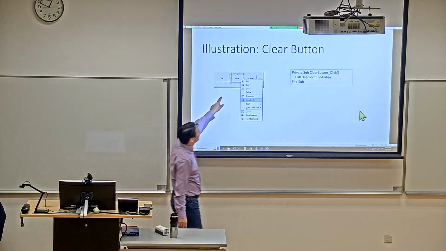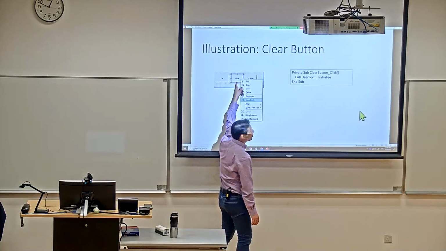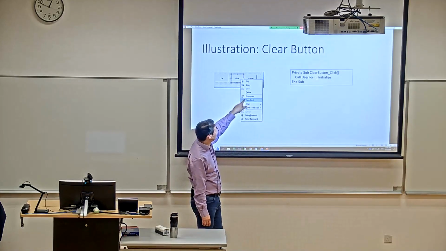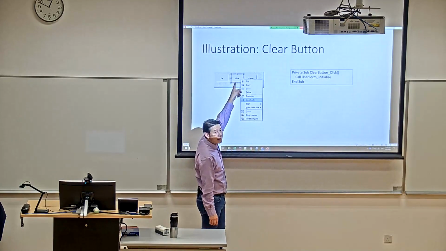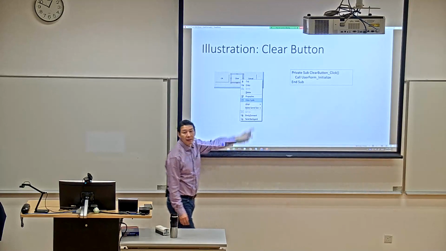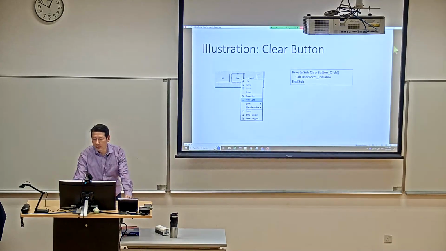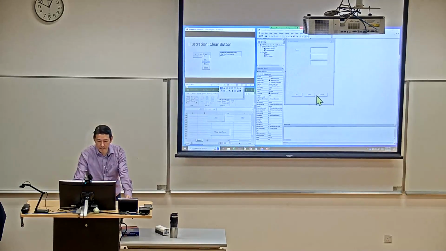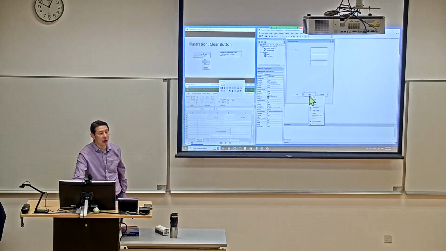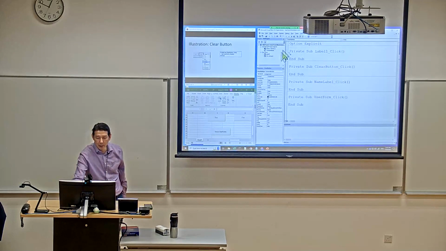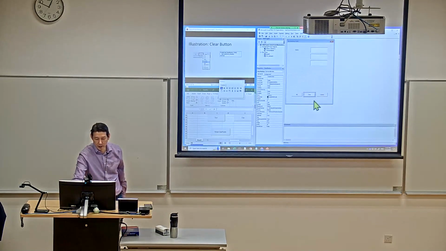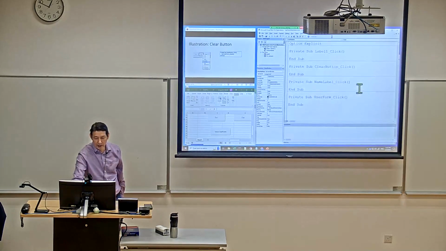The second button is called the clear button. I want to program this clear button. So what should we do? We should right click this one and click on view code, or maybe double click will do, we'll have the same thing. Yeah, double click.